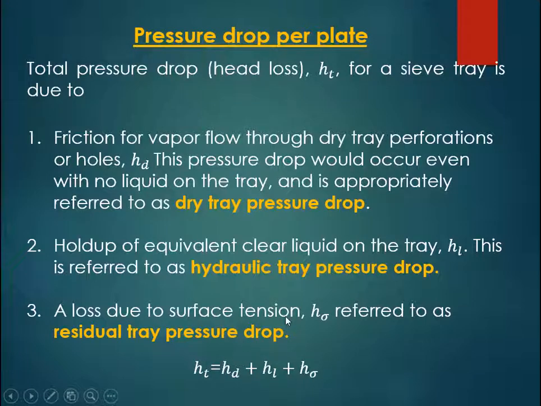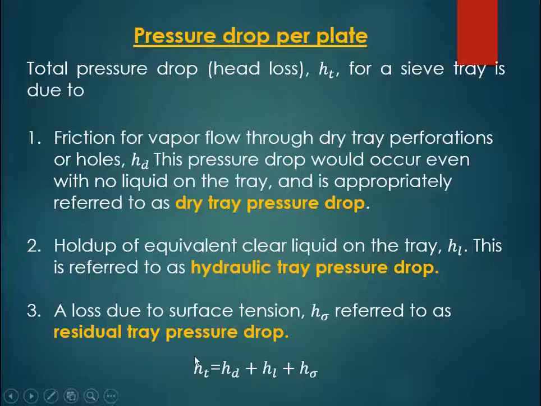Okay, now in general, in literature or in any book of distillation, we find that the pressure drop of vapor in a distillation column is usually given in terms of height of clear liquid. I mean, we do not provide pressure drop in pressure units, rather in terms of head of clear liquid.